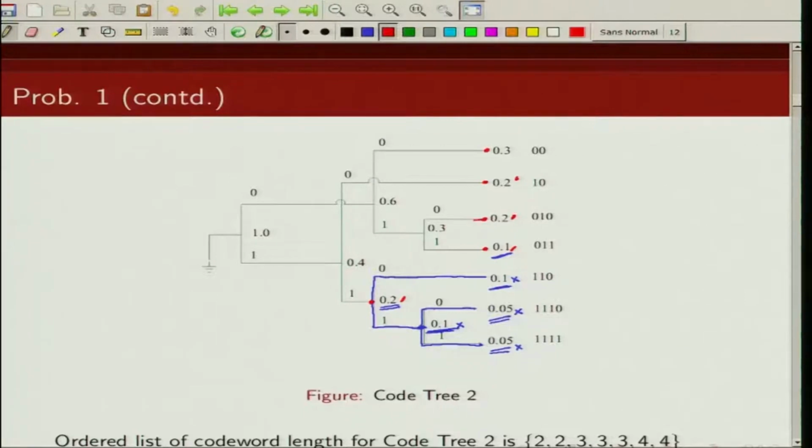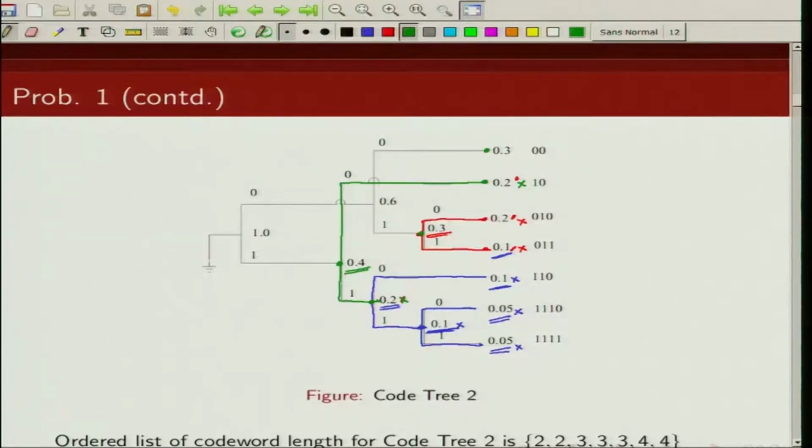Let's say we combine these 2, we get a new node with probability 0.3, and we deactivate these two. The active nodes are now 0.3, 0.2, 0.3, and 0.2. So we combine the two nodes with probability 0.2, get a new node with probability 0.4, and we deactivate these two nodes.